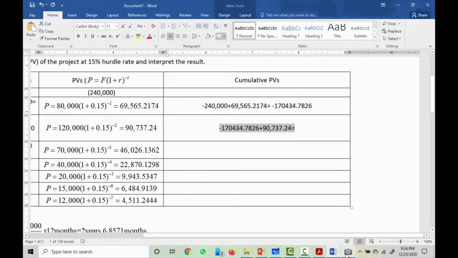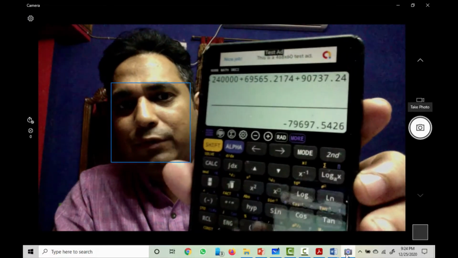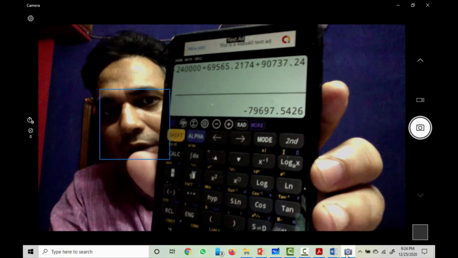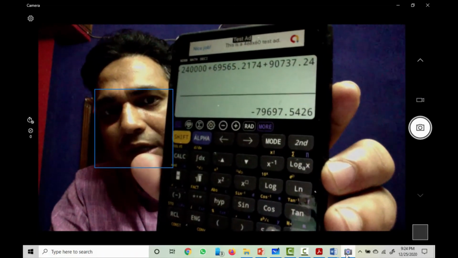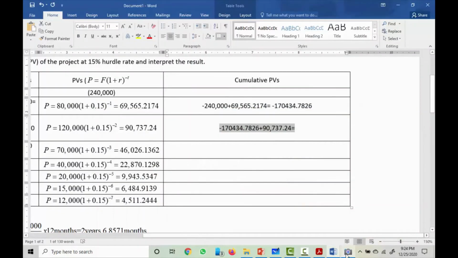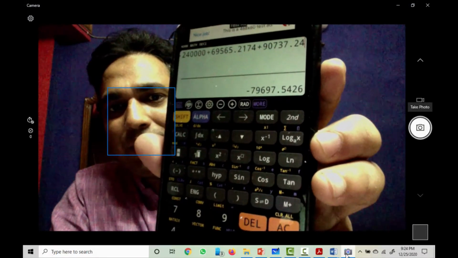The next one is 90,737.24. Like that way we will add all the cash flows. So when we add the third present value, 90,737.24, the answer is what?